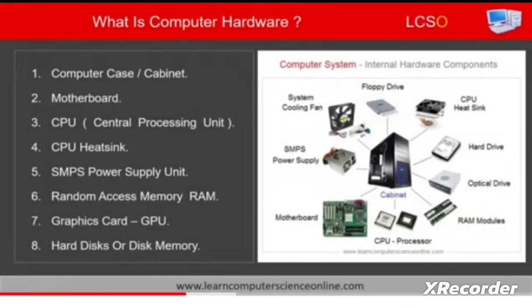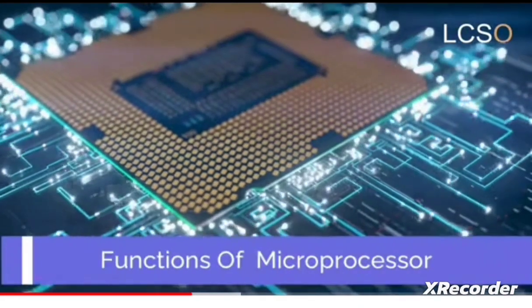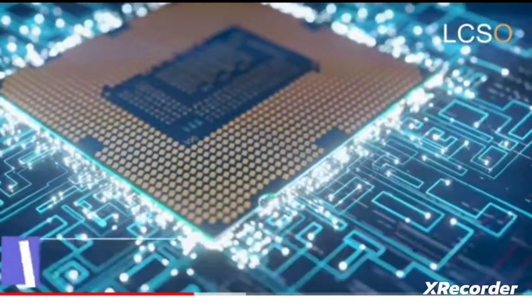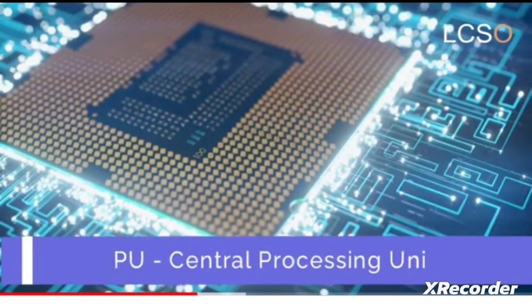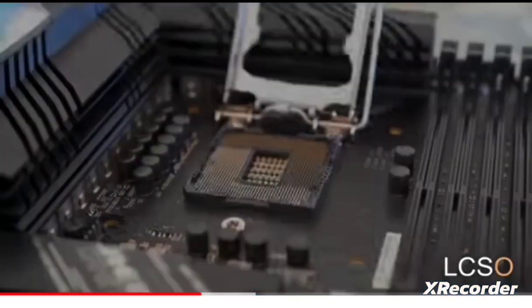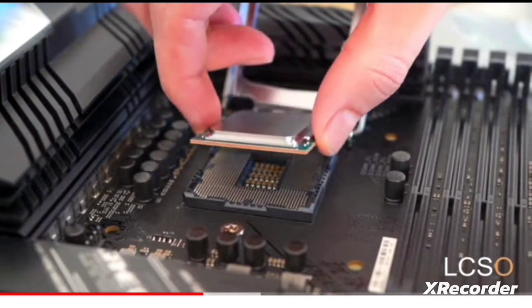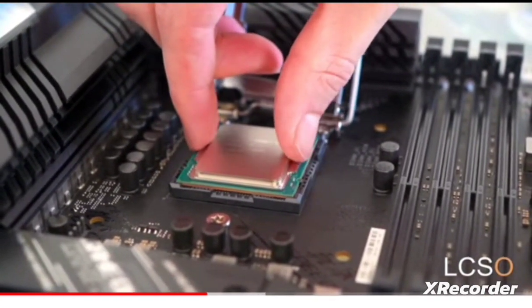The next hardware component on our list is called a microprocessor. The microprocessor is the brain of the computer system. It provides the processing power to the computer. The processor is also called the Central Processing Unit, abbreviated as CPU. The microprocessor chip is mounted inside a special socket provided on the motherboard.